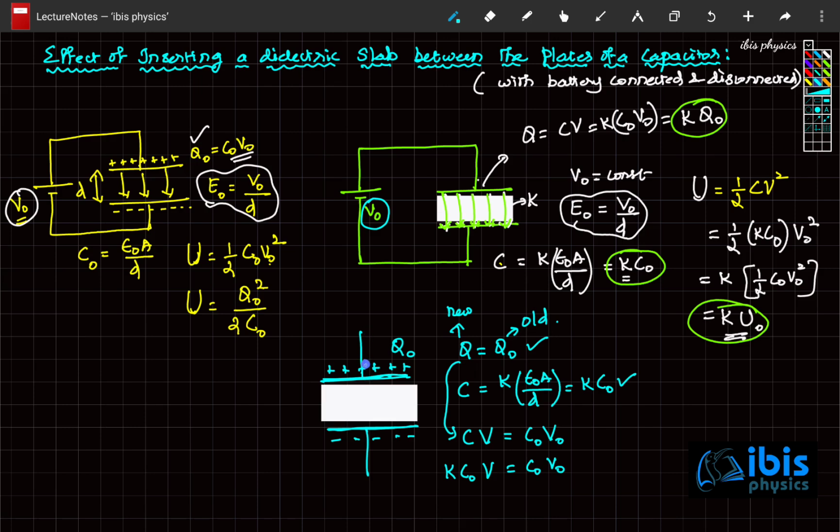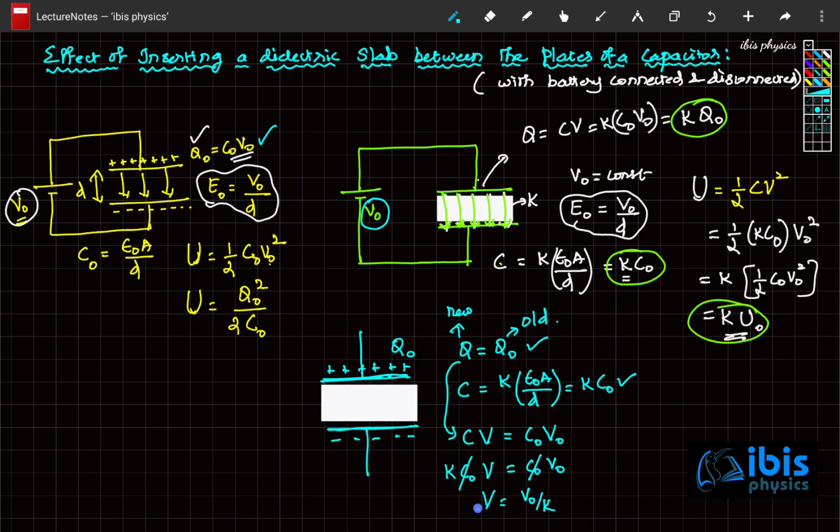But Q is new capacitance times new potential. I have found the new capacitance, which is K C naught. Hence the new potential, we don't know. When you cancel, you get the new potential as V naught by K.